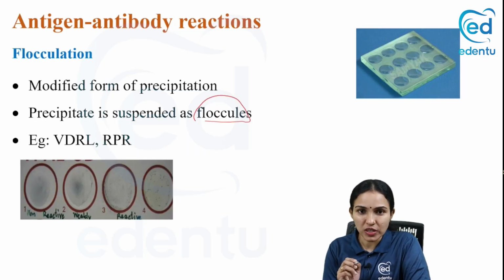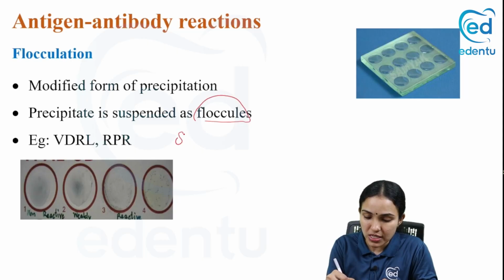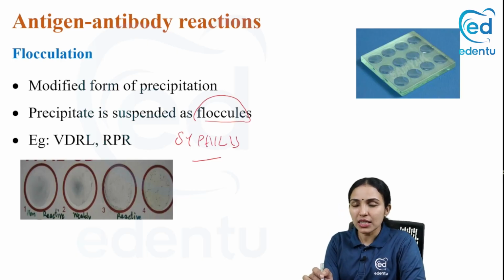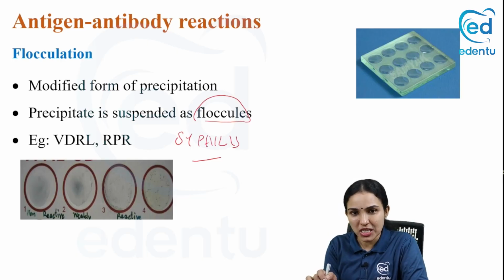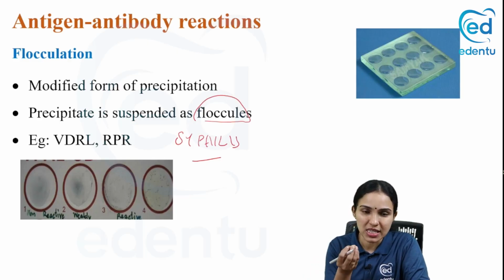And the one which we do even now, we use as a very important screening test for diagnosis of syphilis. So for diagnosis of syphilis, we have two tests, VDRL and RPR test. These two are actually a kind of precipitation test which you can call flocculation because the precipitate gets suspended as floccules in the fluid.